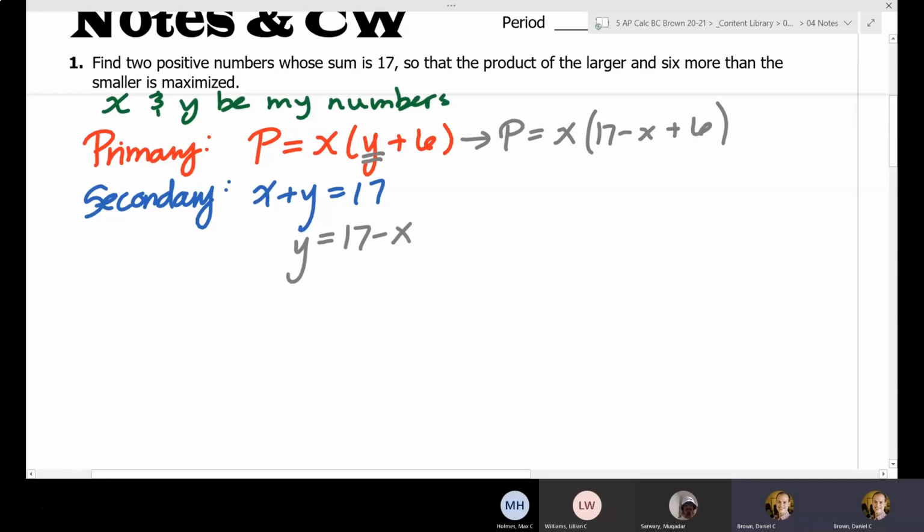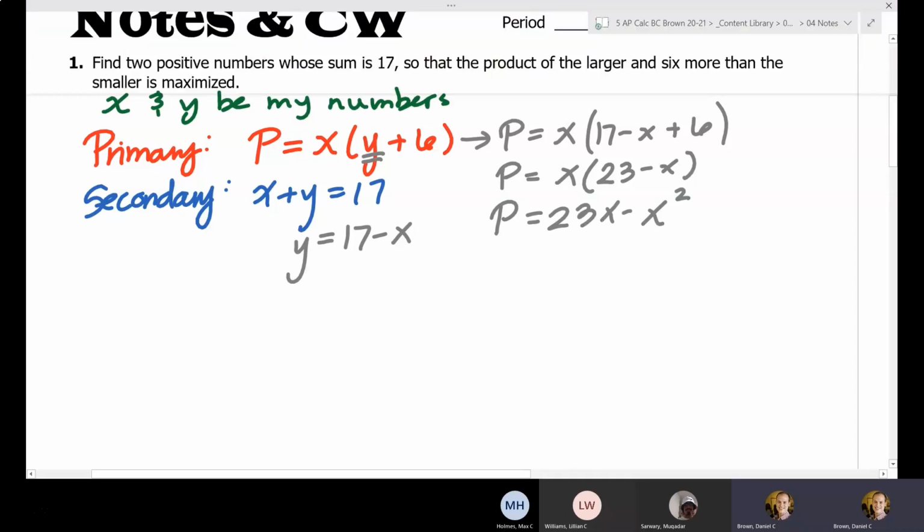And since we're minimizing or maximizing the product, that's what we're taking the derivative of. I would, of course, simplify that equation so it's a little bit easier to find the derivative. So we have the product is equal to X times 23 minus X. And again, I don't really want to do the product rule, so I can just go ahead and distribute that X across.